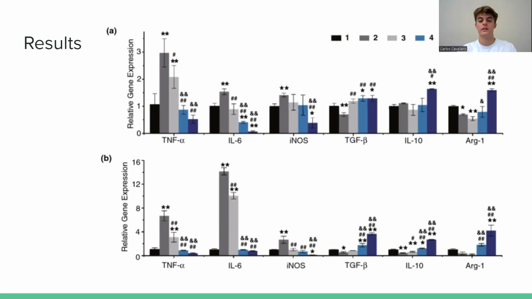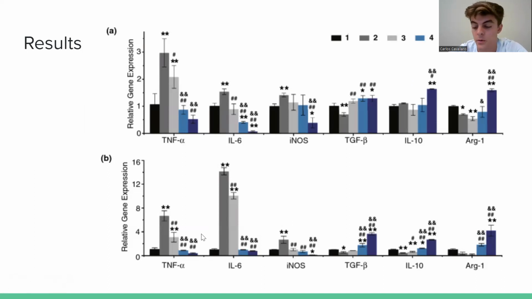So what we see here in part A, they looked at the epididymal fat tissue, and then in part B, they looked at the inguinal fat tissue. And as you can see, specifically with the TNF-A gene, the gene expression within group 5, which is again the one we want to focus on, that's that purple group, the mice that were treated with the tFNA resveratrol combination, is much lower.